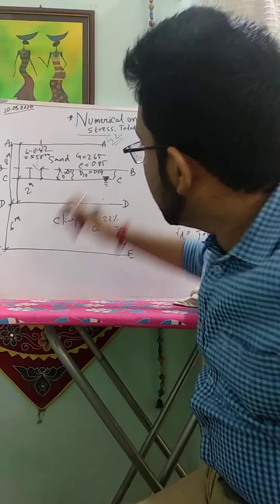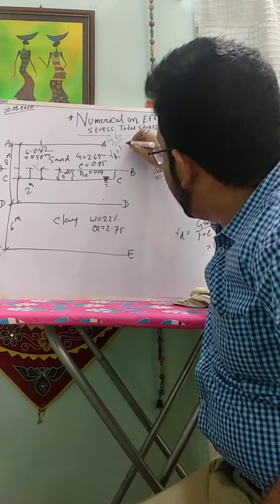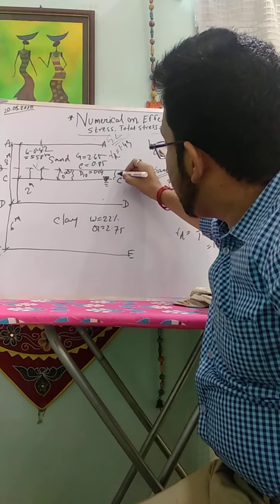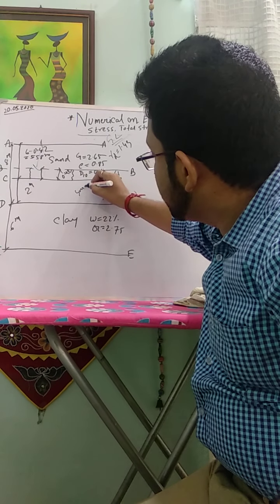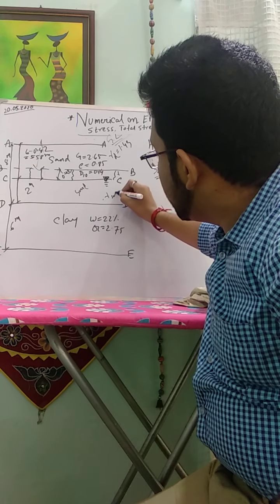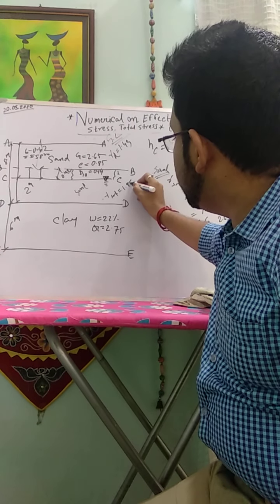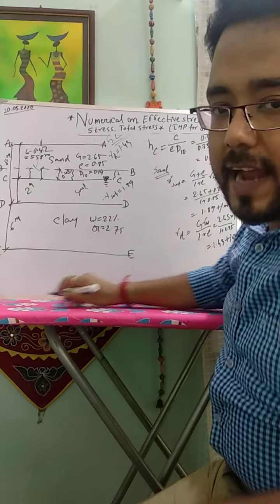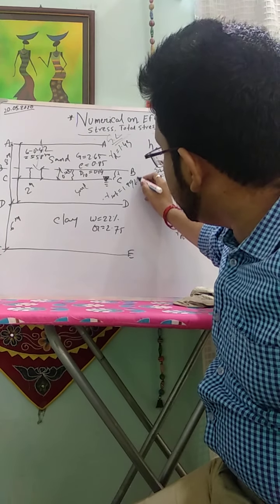Means gamma d, the dry unit weight of the sand, is 1.43, and the saturated unit weight for sand is 1.89 ton per meter cube.